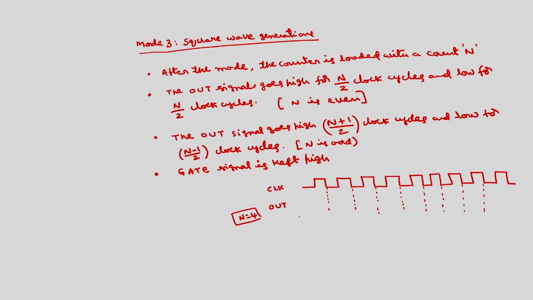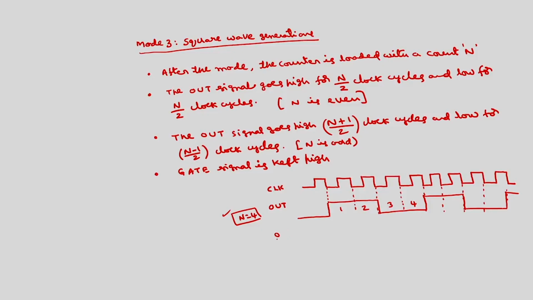Then it will be on for 2 clock cycles, 1 and 2, then off for 2 clock cycles, and the same thing repeats. This is the out signal if I load n with 4, counting 1, 2, 3, 4, or 0, 1, 2, 3.